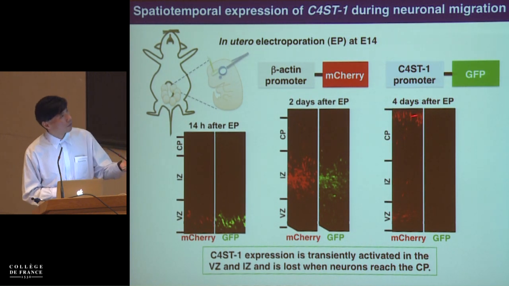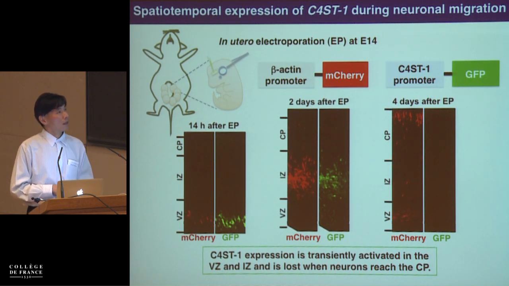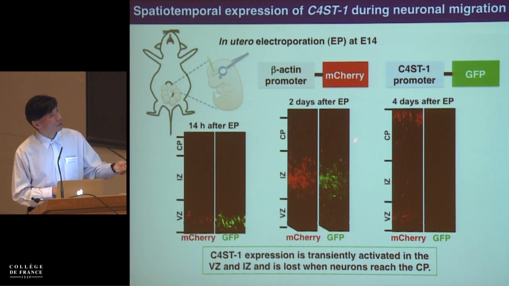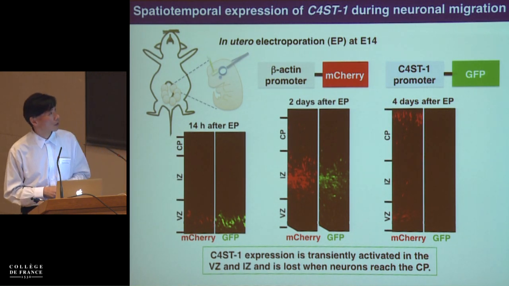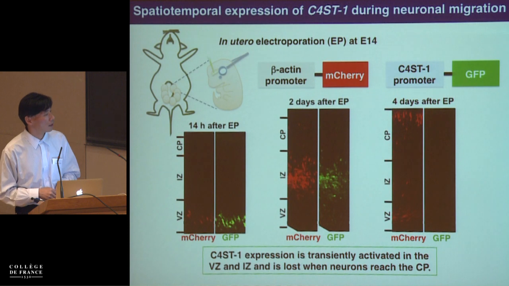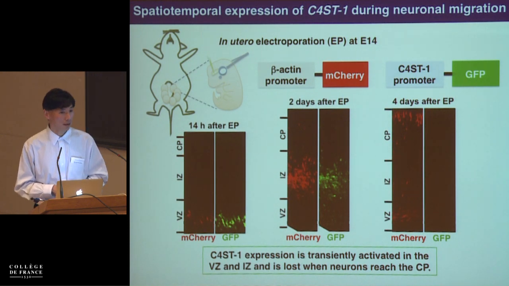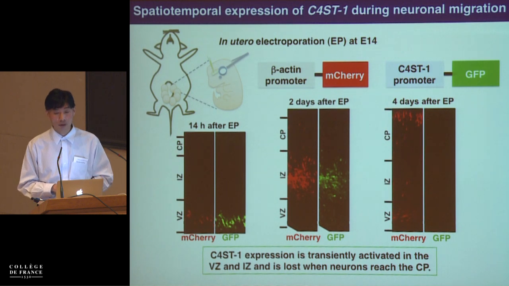In contrast, 4 days after transfection, they no longer showed GFP, although most neurons had migrated to the cortical plate. These results suggest that C4ST1 expression is transiently activated in the ventricular zone and intermediate zone, and is lost when neurons reach the cortical plate.